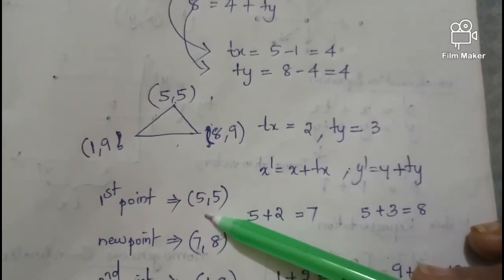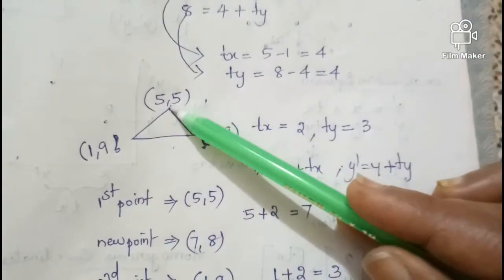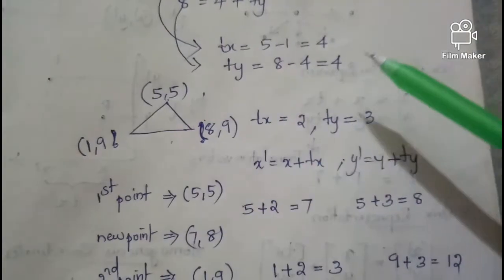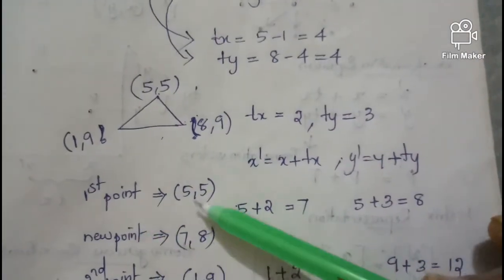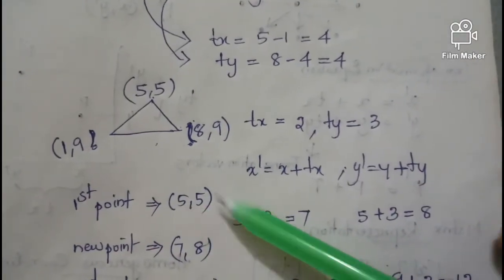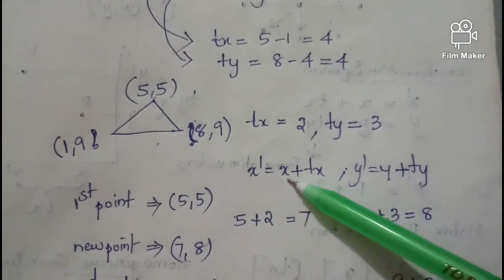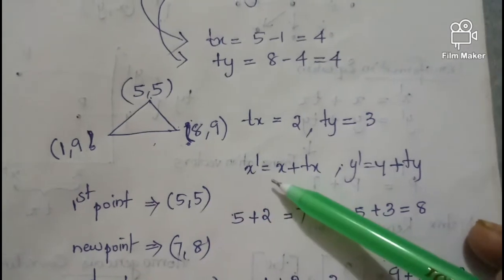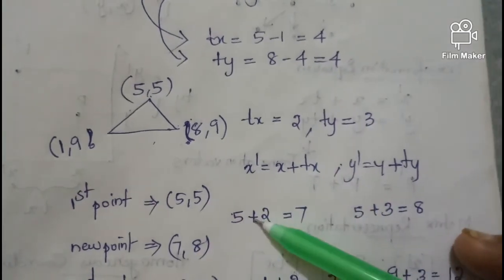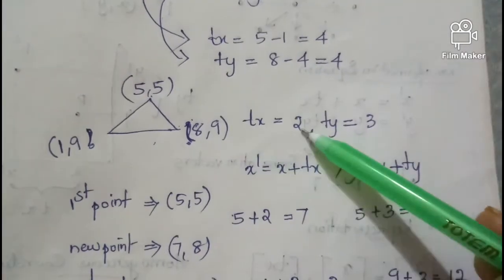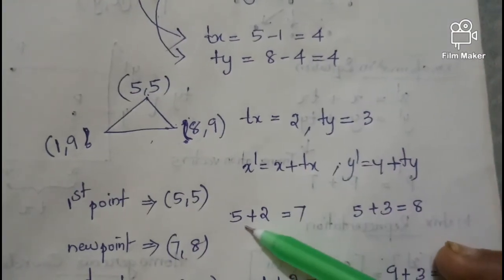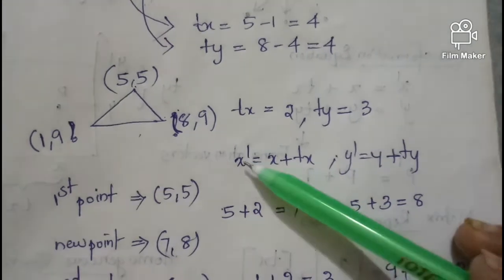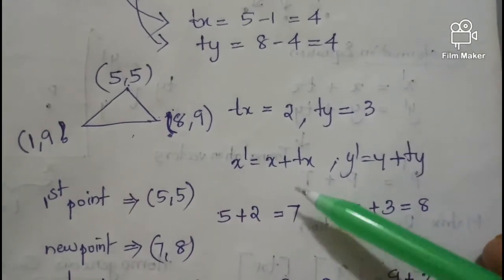Okay, now let us take the first point, which is 5, 5. I am going to find the new position of this point. This point after translation will be at a new position. So I am going to find the new point. How? x dash is equal to x plus tx. So I know the value of x is 5. So taking x as 5 and adding tx, which is given as 2, 5 plus 2 will give me 7. 7 is the value of x dash.